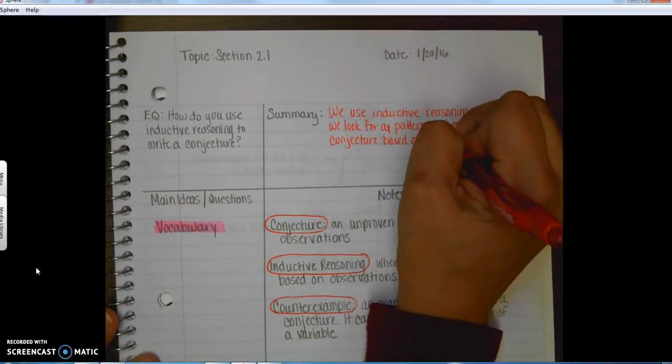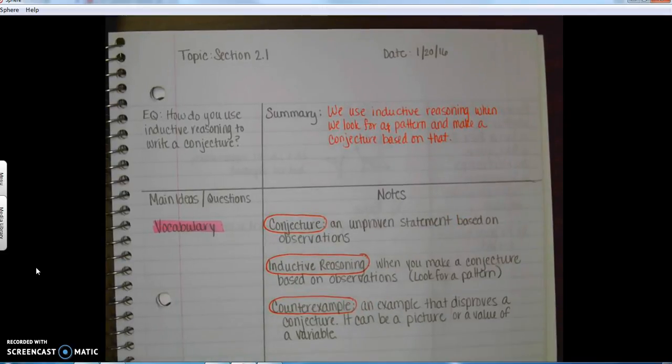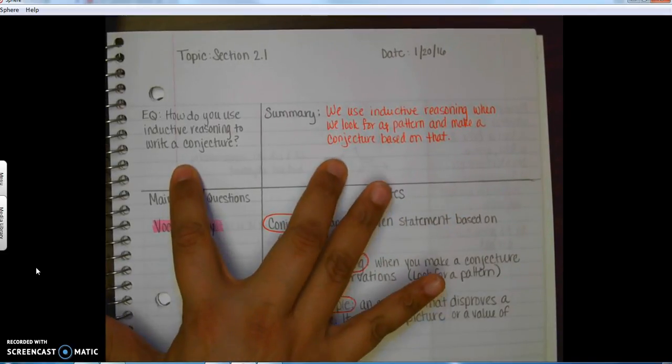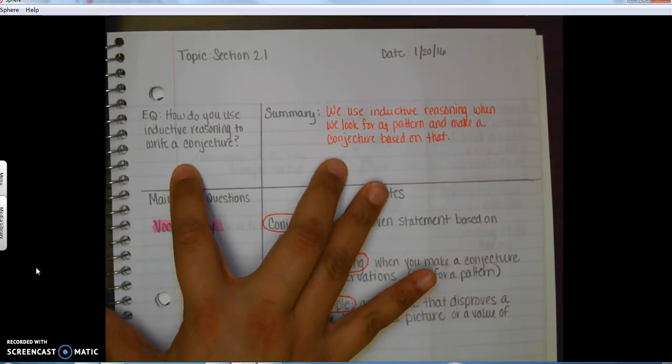Okay, so that is their second repetition, where it's very focused on whatever that essential question was for that day.